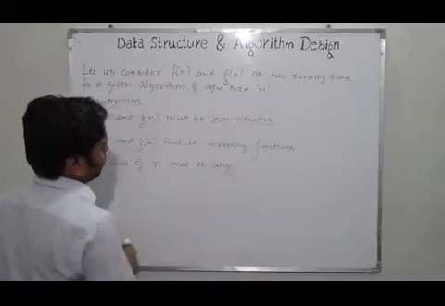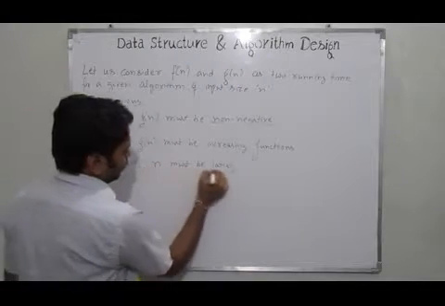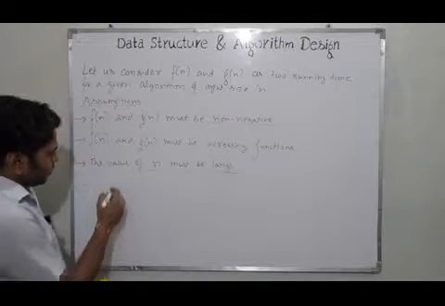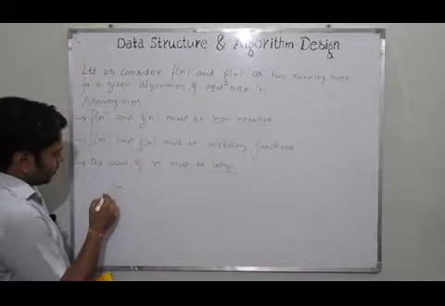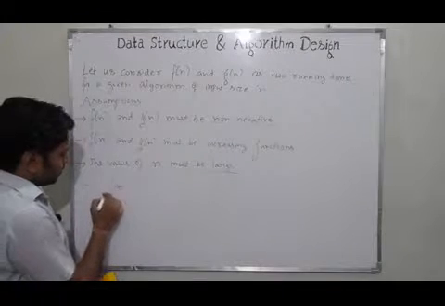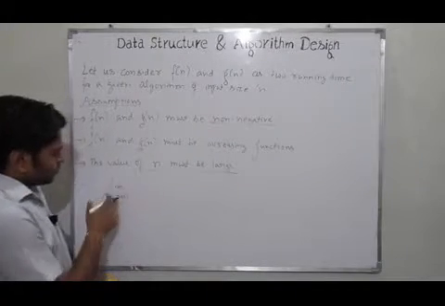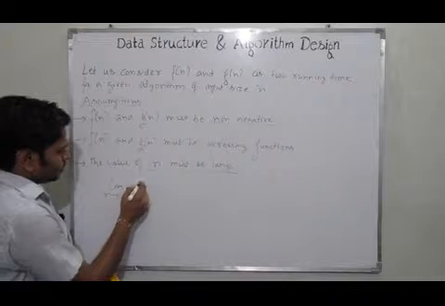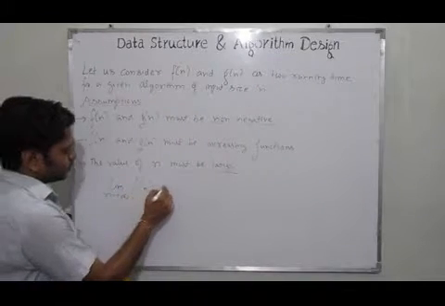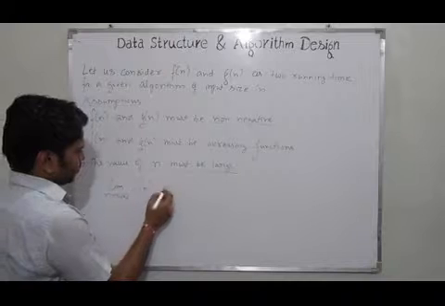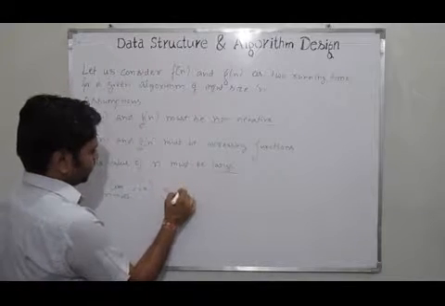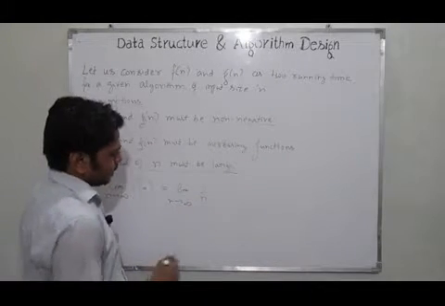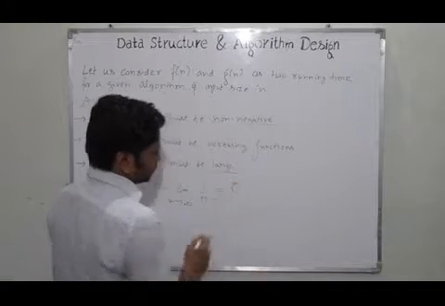The idea of keeping the value of n large is that when we are going to find the limit value of n for a given function, suppose the function is something like this, then we can evaluate to 0.